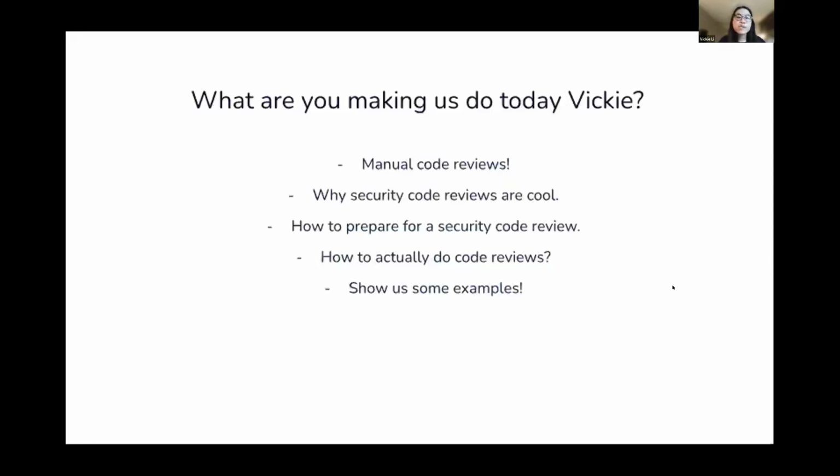And then we're going to jump into how you actually prepare for a source code review. What kind of tools do you need? What kind of prerequisite knowledge do you need to study up on before you jump into your first security code review? And then we're going to actually dive into the process of reviewing code, and I'm going to show you some examples of finding a few vulnerabilities in the example application that we're going to be looking at.